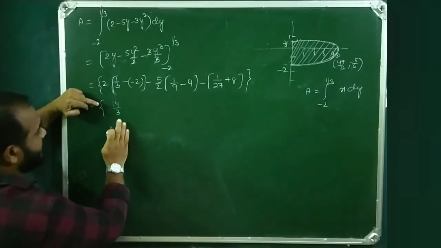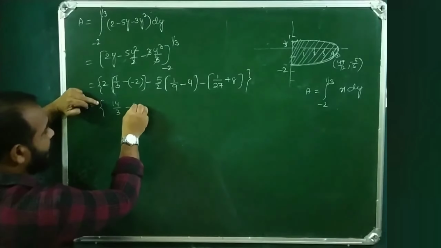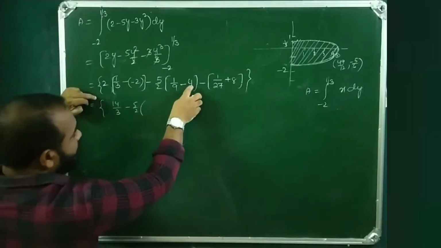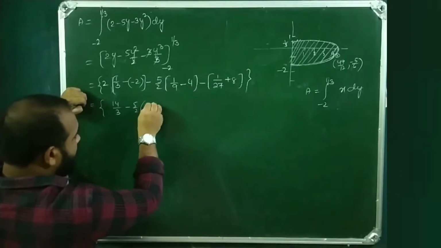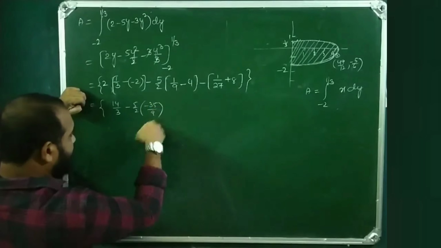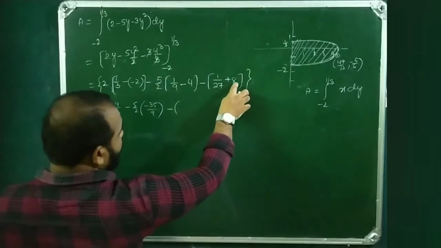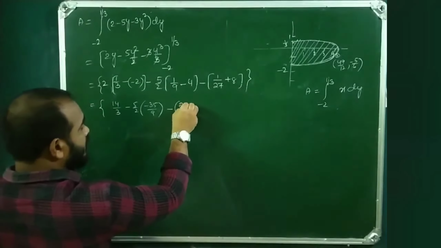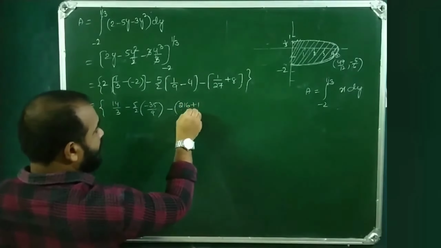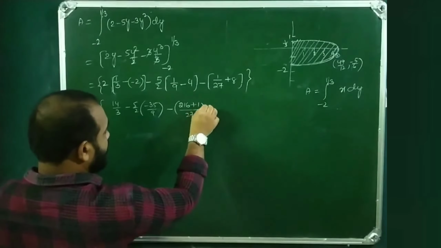Then minus 5 by 2 times 9 fours are minus 36 plus 1, minus 35 by 9. Then minus 27 eights are 216 plus 1 by 27.